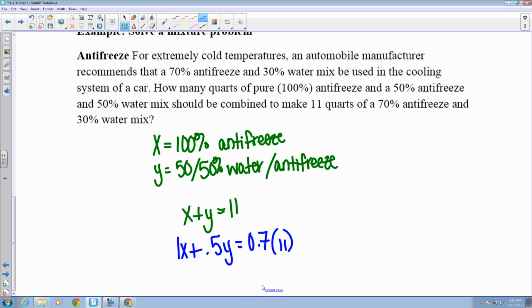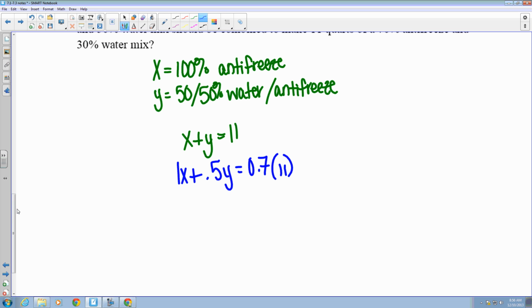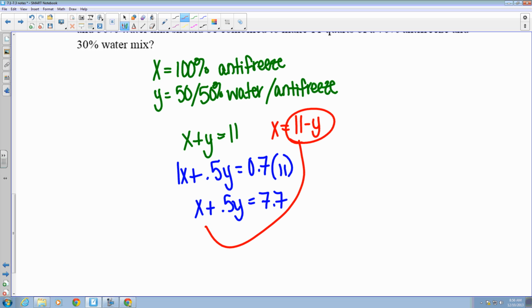So we're really just taking into account the antifreeze on these percentages. So this is x plus 0.5y equals 7.7. So I'm going to probably solve the top one for x. Put that in the bottom.